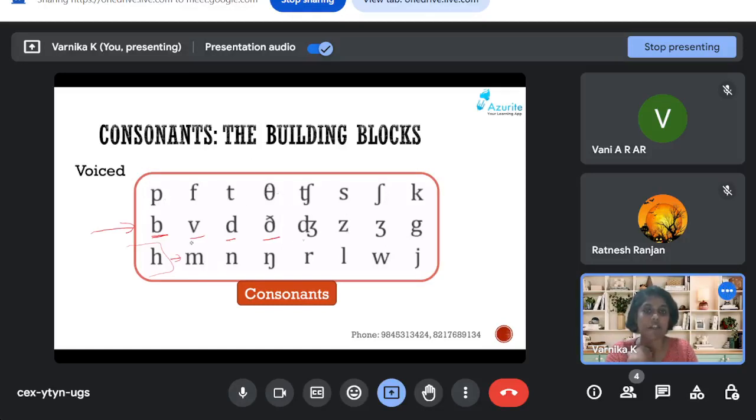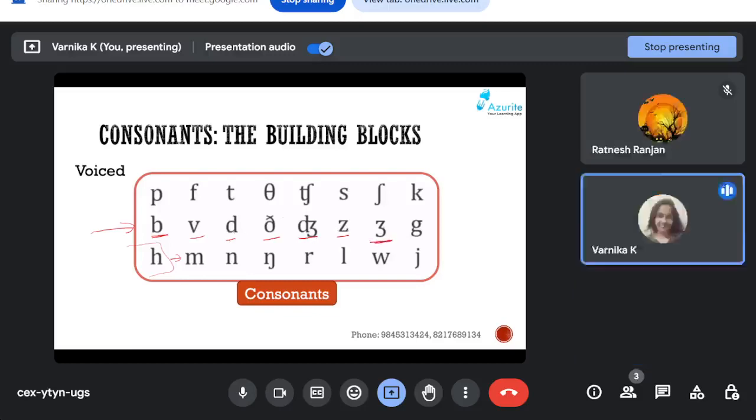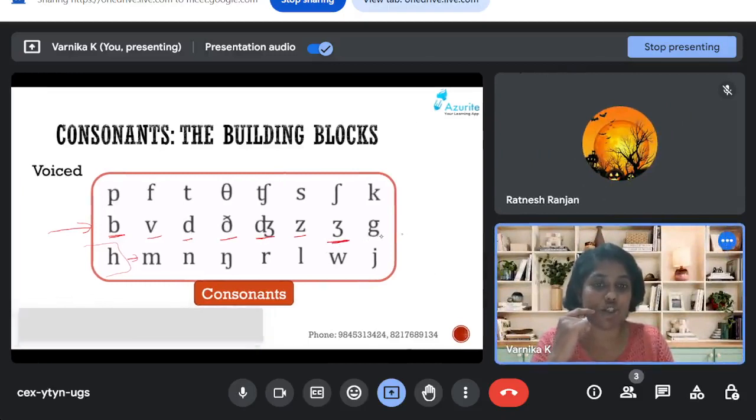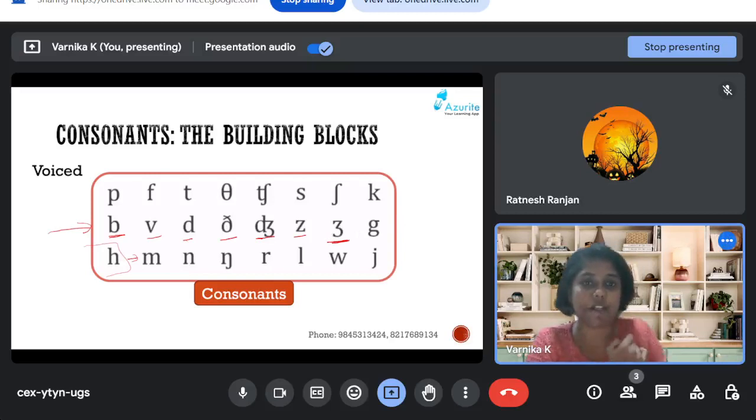Then j, j, z, z. You're putting your tongue right behind your teeth for the z sound. This is a much stronger z sound. Zh, zh. You may have heard bees buzzing, right? Zh. Then g, g.